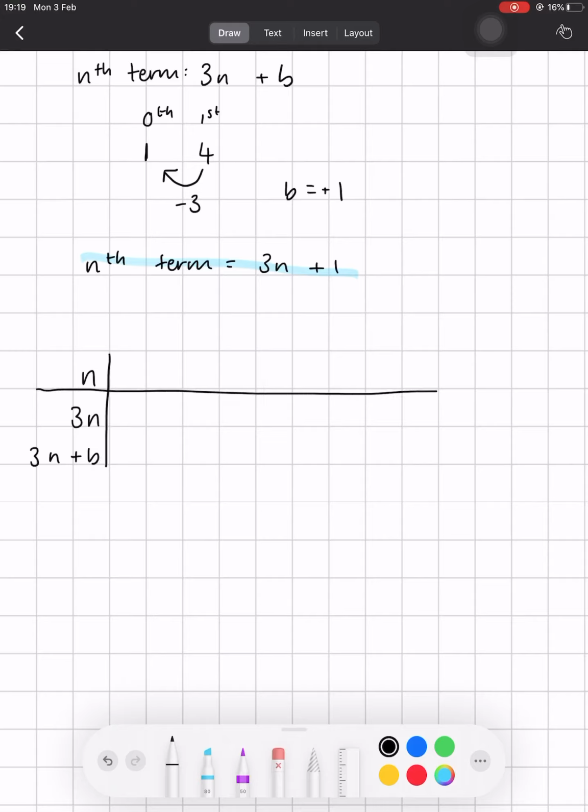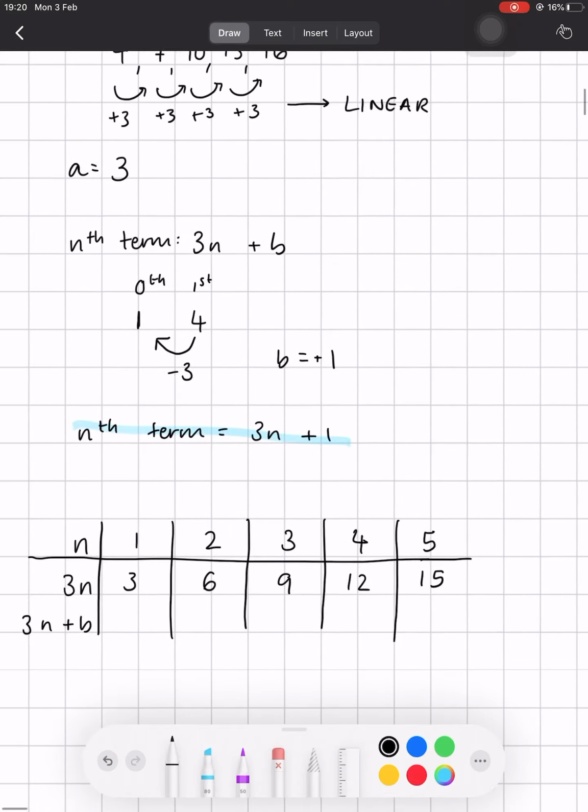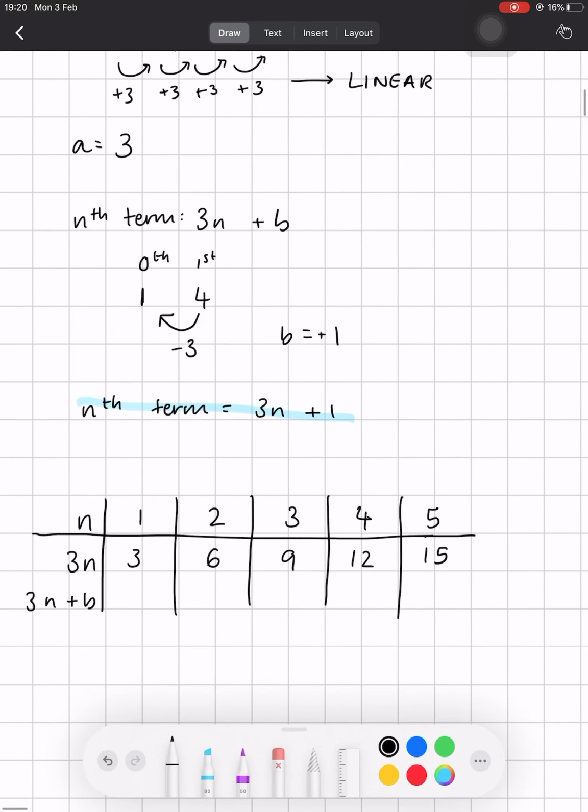So we draw our table out. 1, 2, 3, 4, 5, the positions of each term. So 3 times 1 is 3, 3 times 2 is 6, 3 times 3 is 9, 12, 15. And then our original one, we said it was 4, 7, 10, 13, 16.